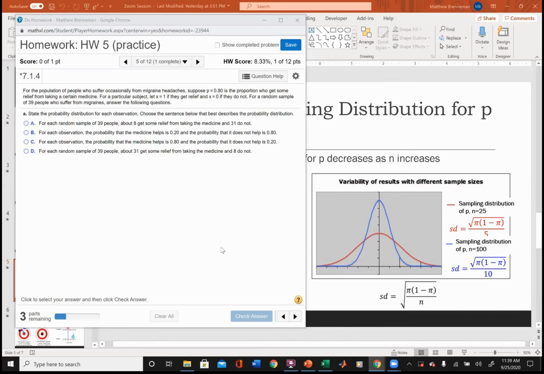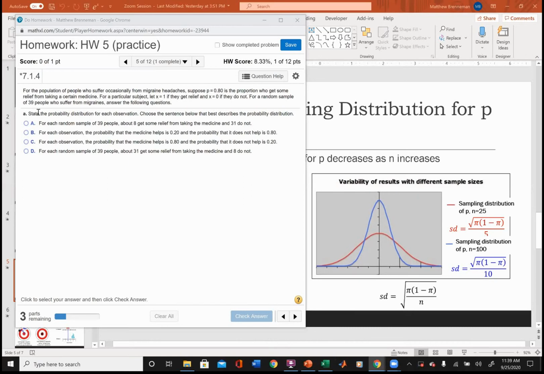Okay, good. So for this problem, they're talking about the population of people who suffer occasionally from migraine headaches. We're supposed to suppose that the population percentage is 80%. That's the proportion of people who get some relief from taking a certain medicine. For any randomly chosen person, we're going to record X equal to 1 if they get relief and X equal to 0 if they don't.